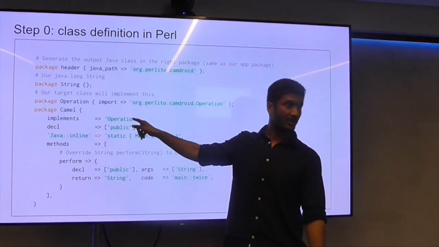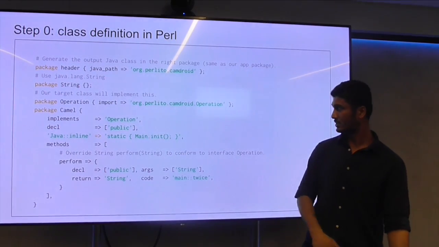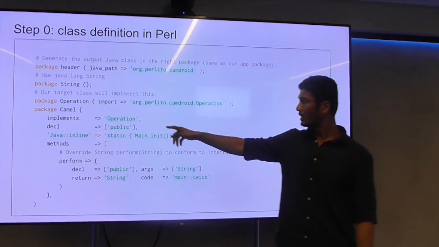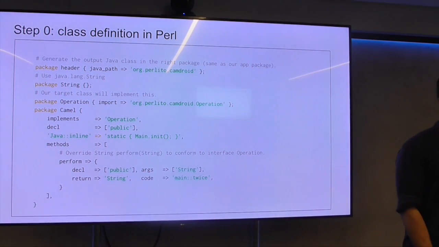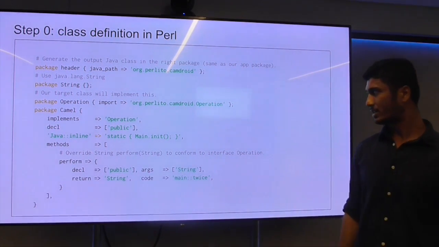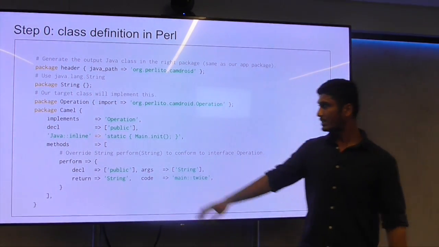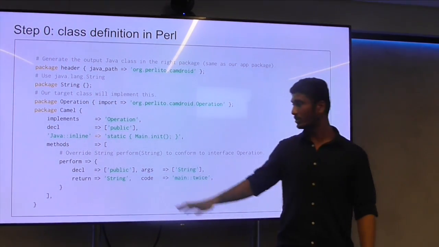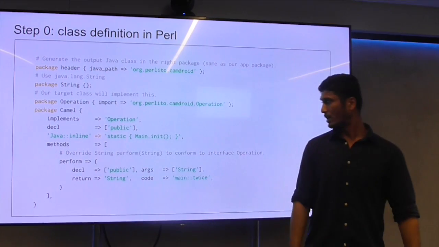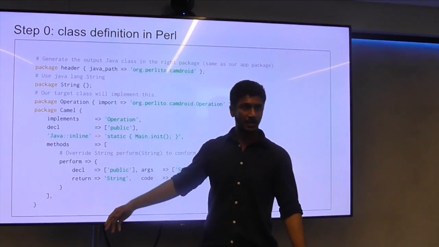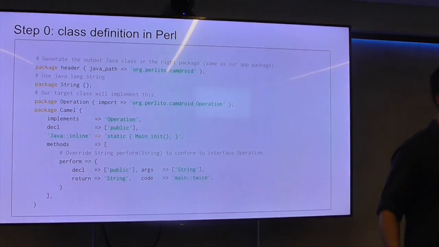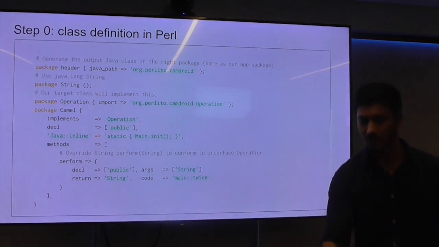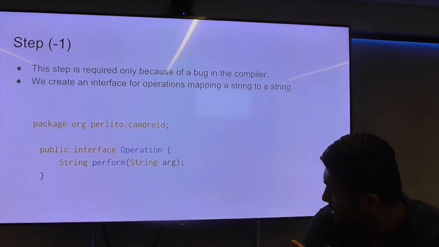I say it implements operation, the interface that we just defined and imported in Perl. It is a public class. The Java inline bit I'll get to later; it's required here. Then we say the body should contain these methods keyed by the name. We only implement one, only to conform to the operation interface, which has just one method called perform.